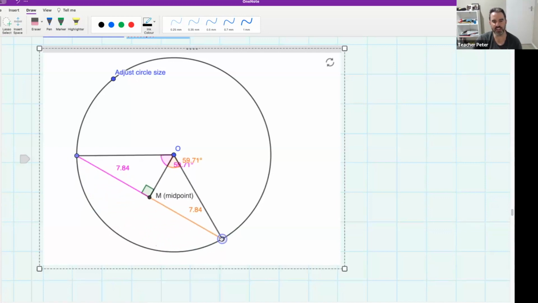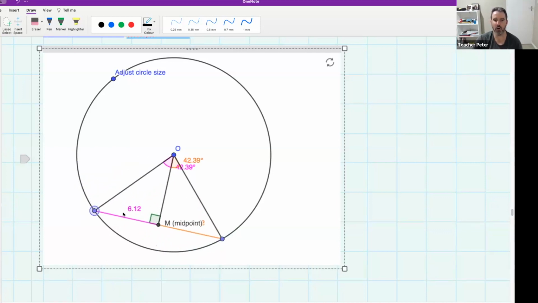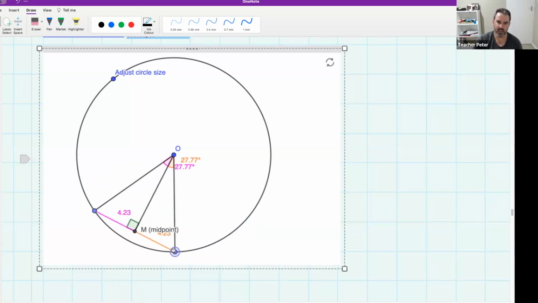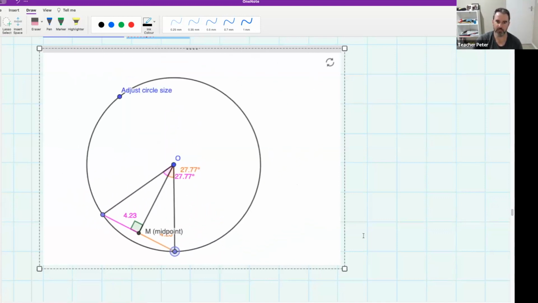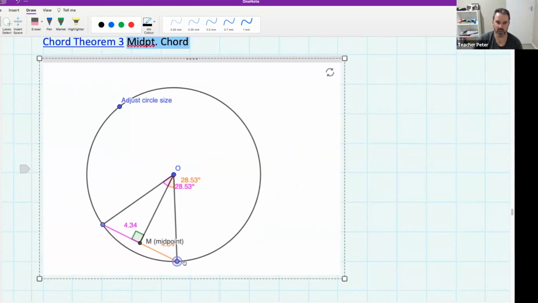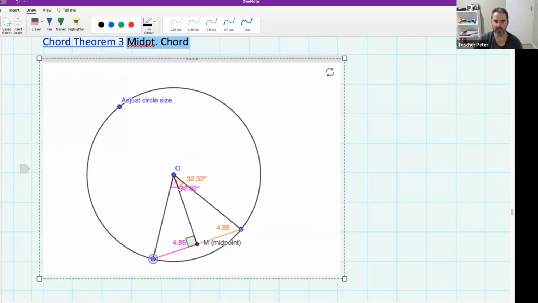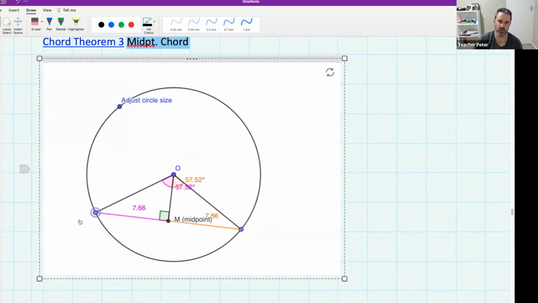The only thing that is fixed is that on this chord there is a midpoint, okay? And that will always be at the midpoint. But what do you notice about if you go to the midpoint of a chord? So if you draw a line from the center to the midpoint of a chord, what do you notice about that?